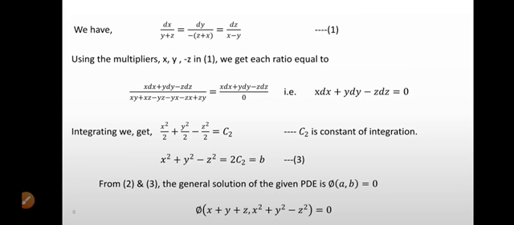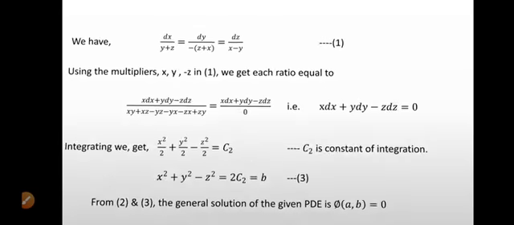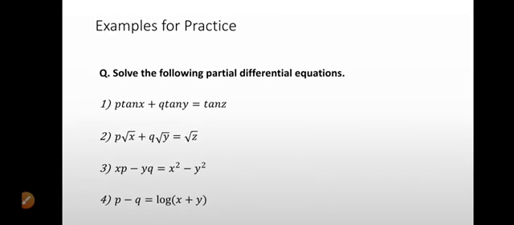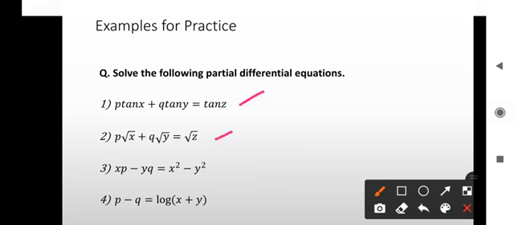So in this way you can solve the Lagrange's linear equations to obtain the solution of the partial differential equation in a very simple way, just using the properties of equal ratios and integration results. So now, referring to these three solutions, you can solve these four examples. First, second example to be solved referring first and second solution.